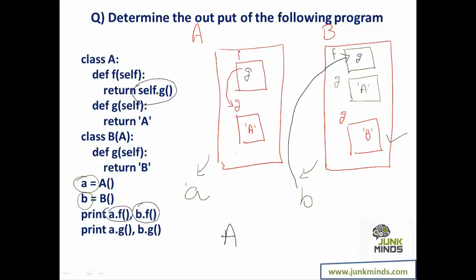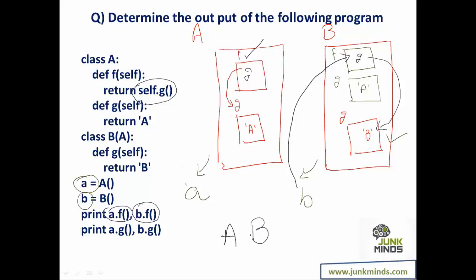See, पहले because this f was inside class A, वो class A के g मेथड को कॉल कर रहा था. यहां पर because now it is in class B, ये क्या करेगा? क्लास B के g मेथड को कॉल करेगा. It will not call that दूसरा वाला A method. That is why my second output would be this one. My second output would be this.